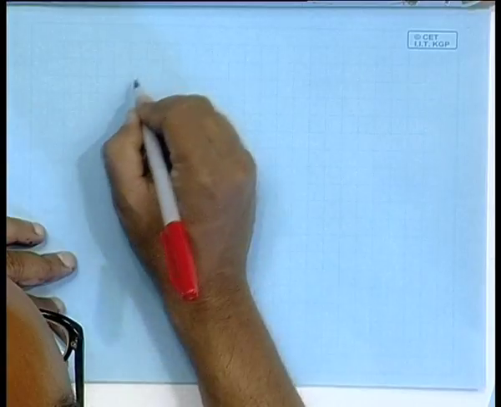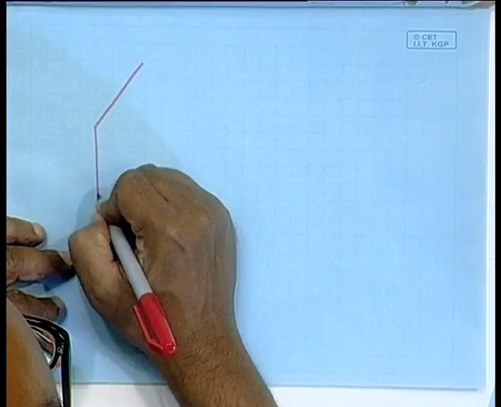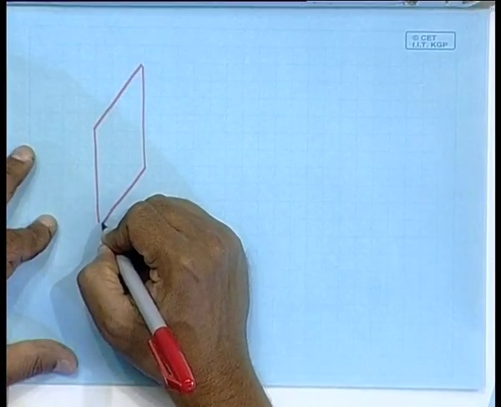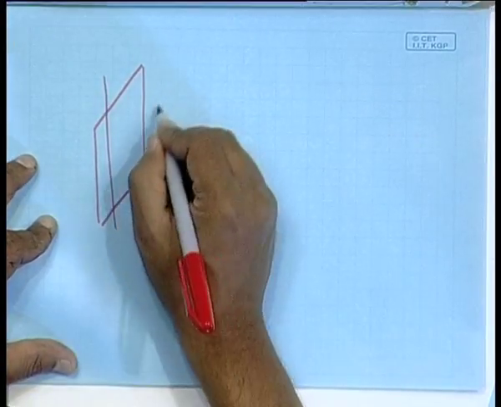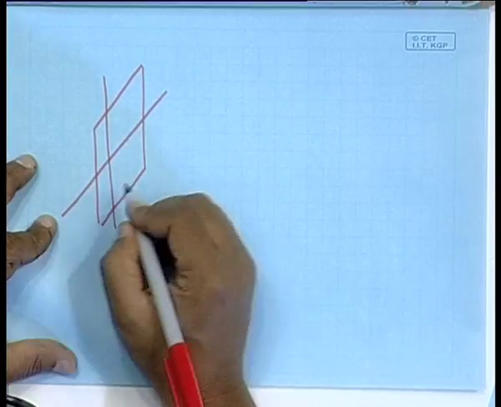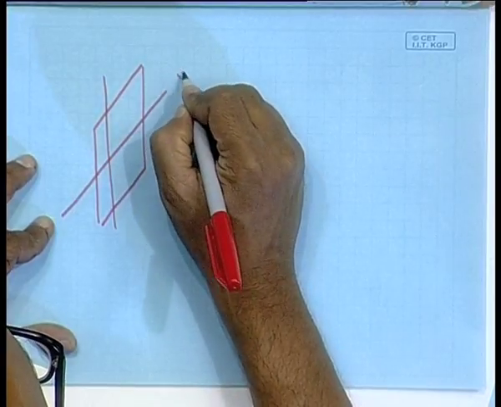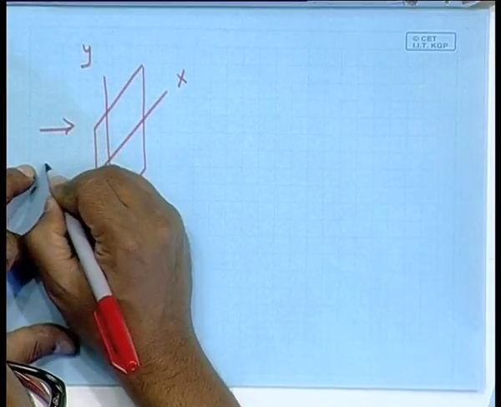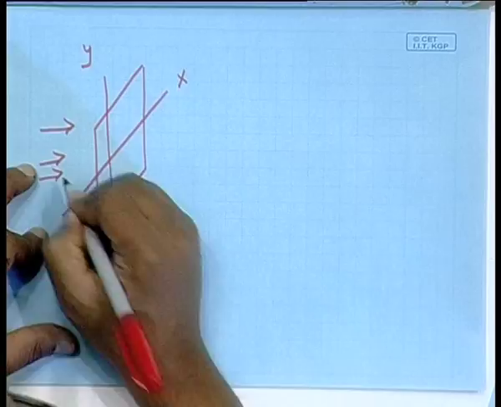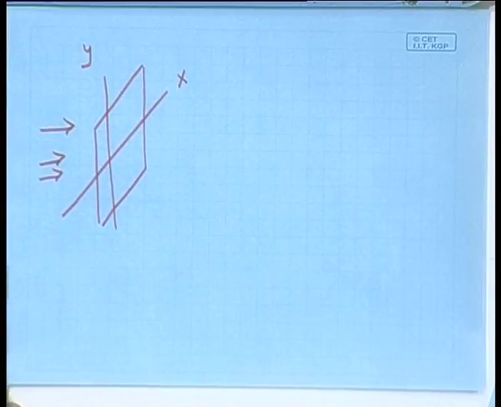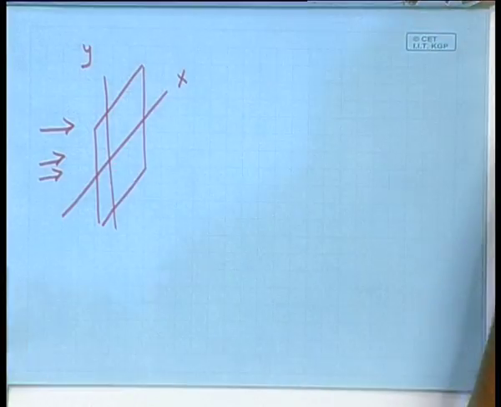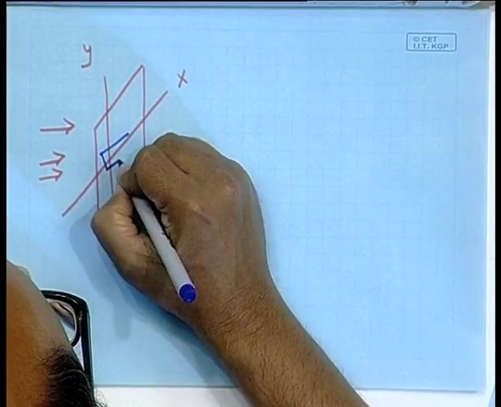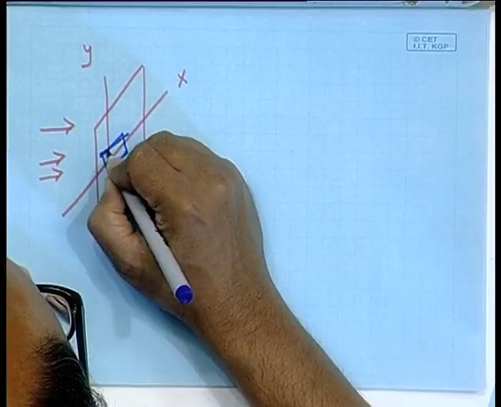We are considering an aperture, and this is the x axis, this is the y axis, and the light is incident along the z direction, and I have a slit. The slit, let us say, looks something like this. This is the slit.